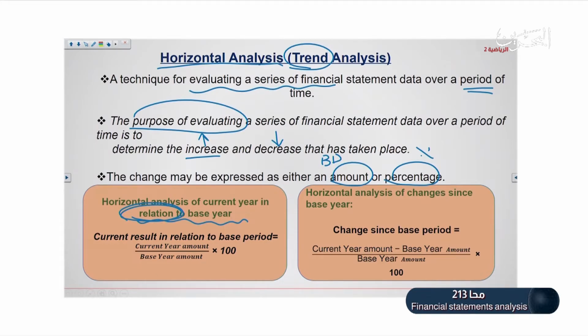Okay, and the second formula, change since base period: current year amount minus base year amount, current minus base, over base year. In this formula, how can we differentiate between the first formula and the second one? They want the change, or increase or decrease. But for the first formula, they have to decide the relation to the base year.